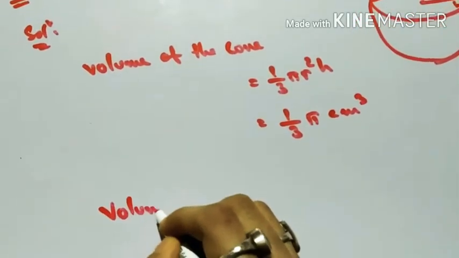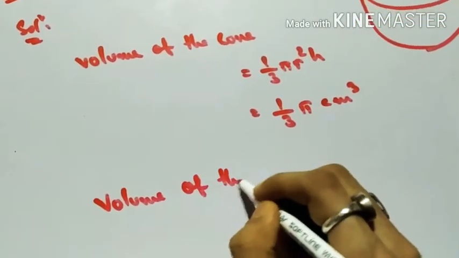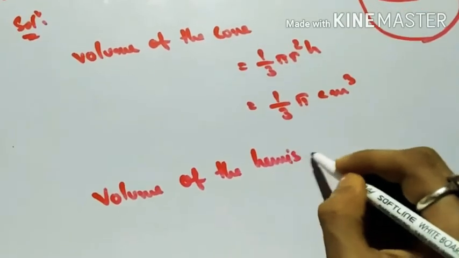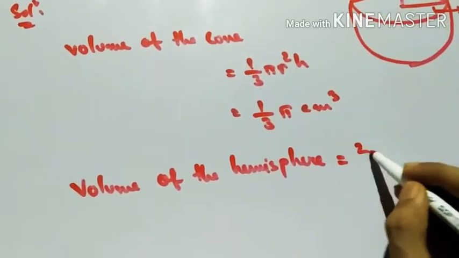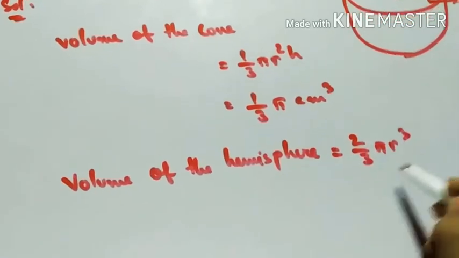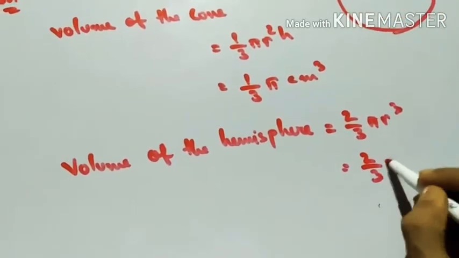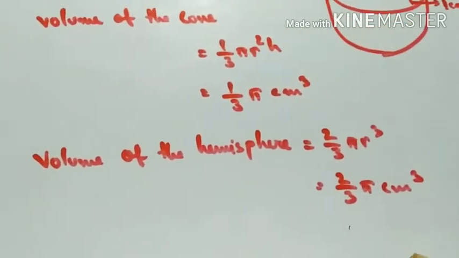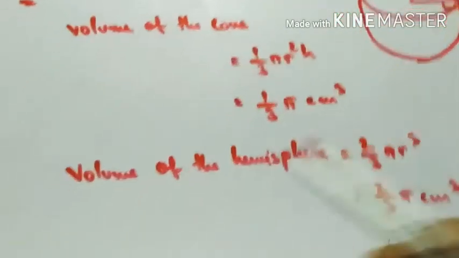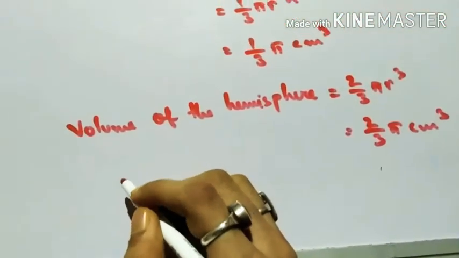Next, volume of the hemisphere is equal to 2 by 3 pi r cube, equal to 2 by 3 pi centimeter cube, because radius is 1. So now I can find the volume of the solid.